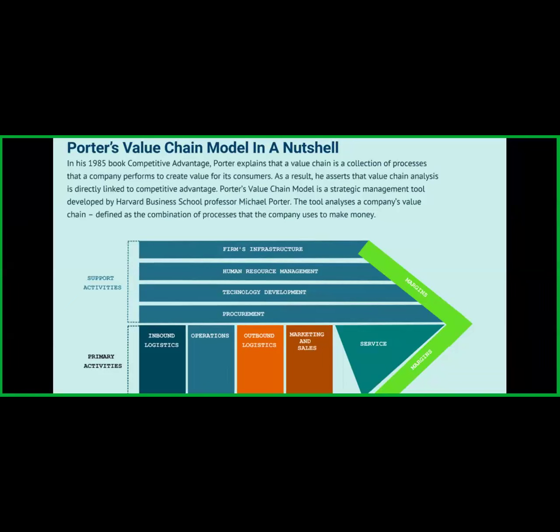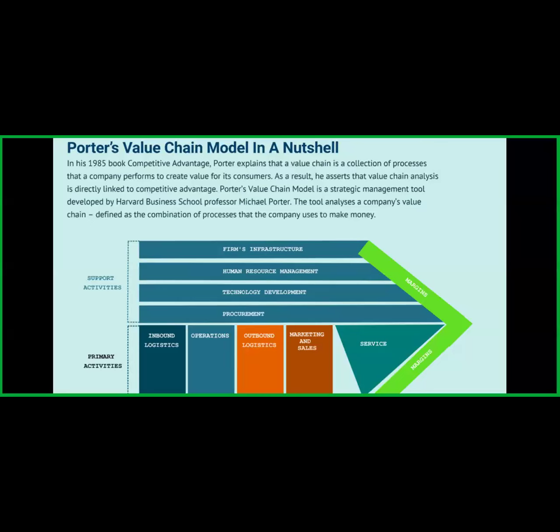That is what this model talks about. You can find out how valuable the processes are. That's the reason why it has been divided into two types. First one is the support activities, and the second one is the primary activities.